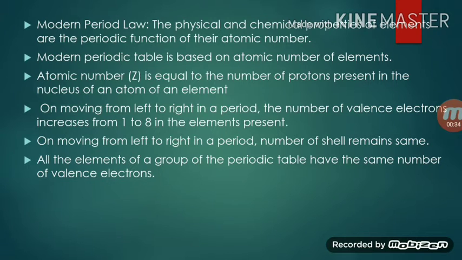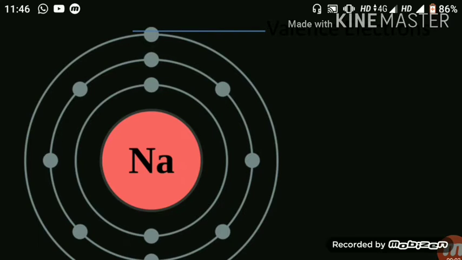Okay, on moving from left to right in a period, the number of valence electrons increases from 1 to 8. This we will discuss in detail. Have a look at this diagram, how we keep the electrons in shells.